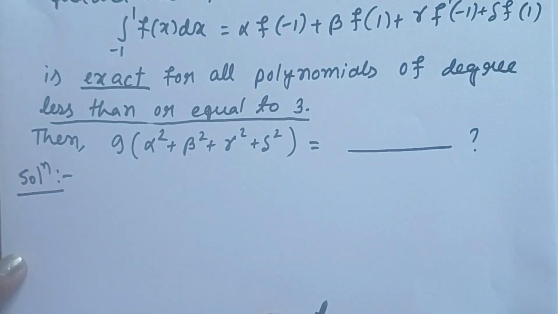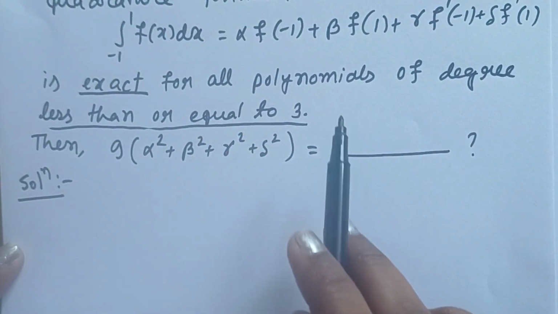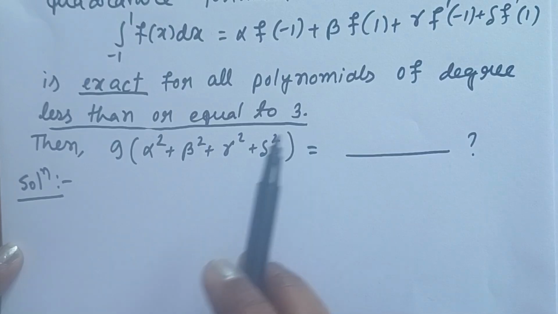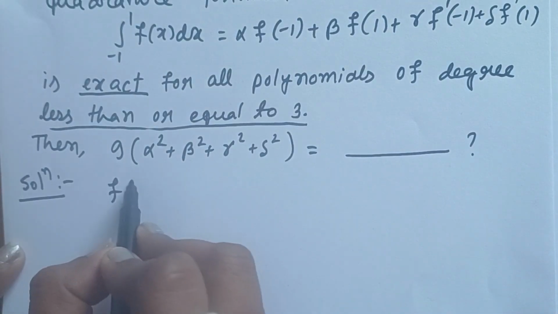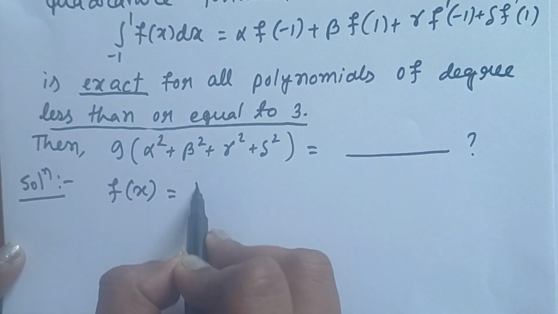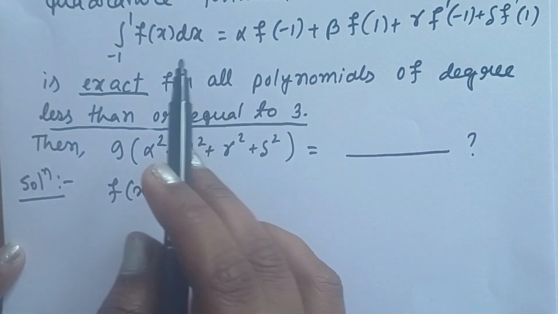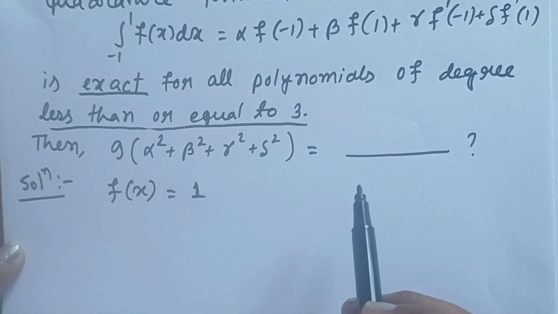To solve this question, we will take polynomials of degree less than or equal to 3. So we will take f(x) equal to 1, x, x square, and x cube, up to x cube. First let's take f(x) equal to 1 and solve this for the quadrature formula.